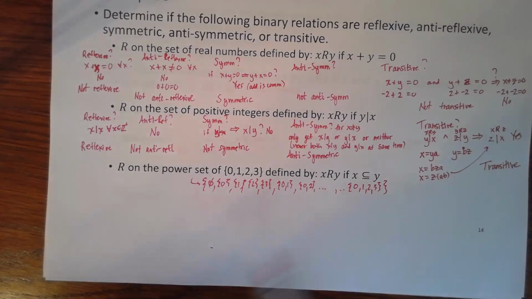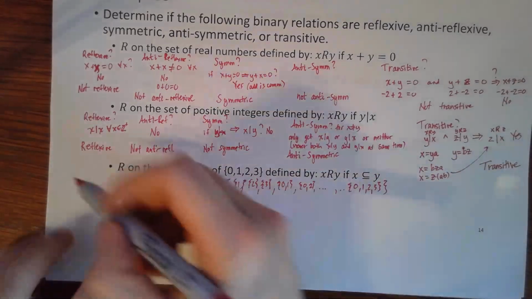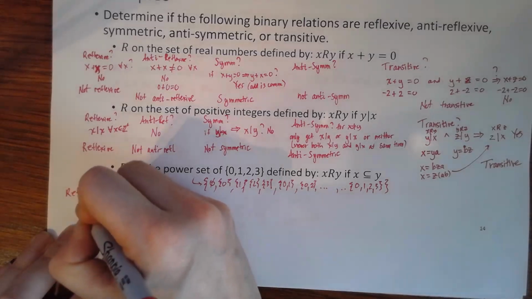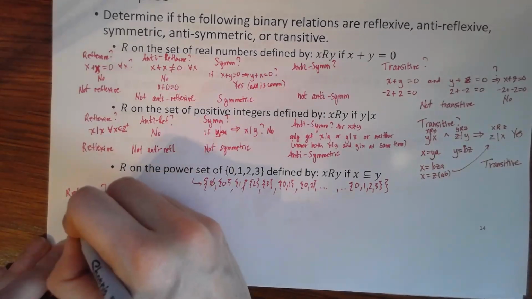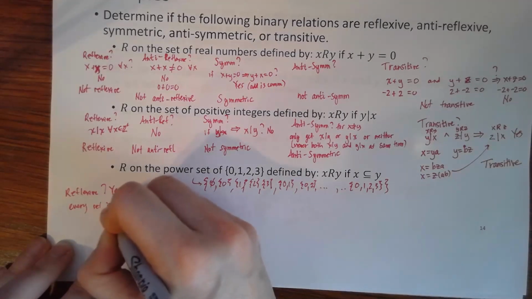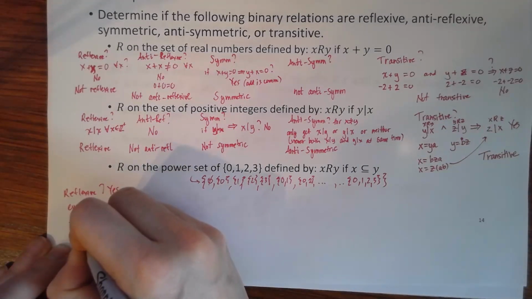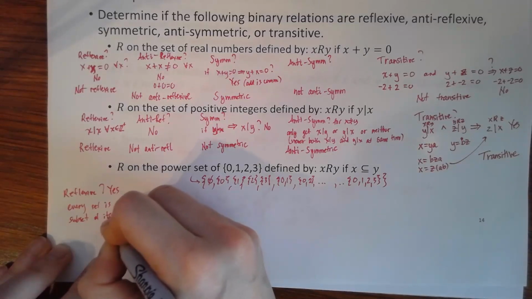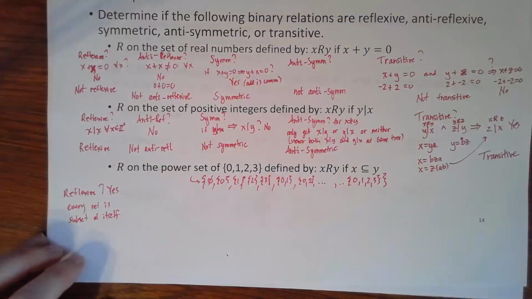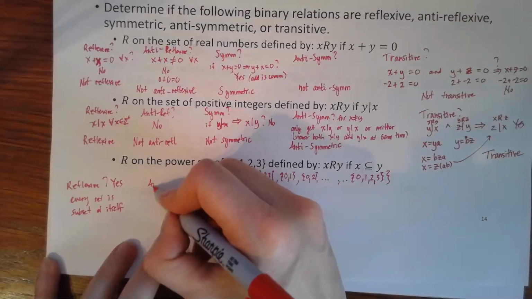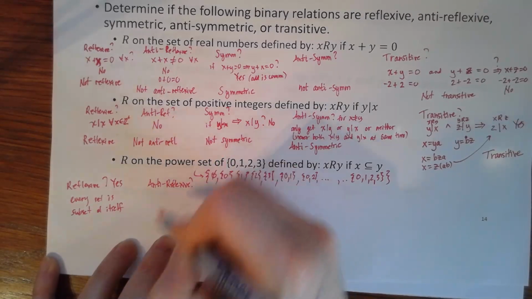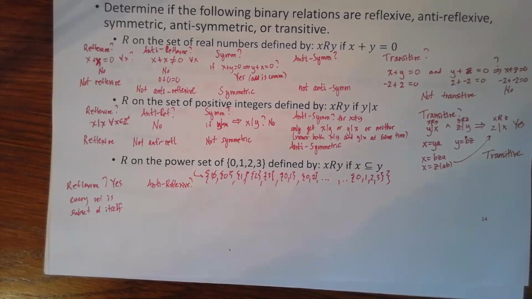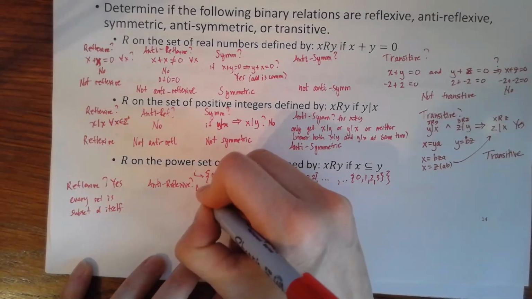Okay, so is every set a subset of itself? Yes, every set is a subset of itself, so it's reflexive. Is it anti-reflexive? Would I never ever be able to find a set that is a subset of itself? No, definitely not.